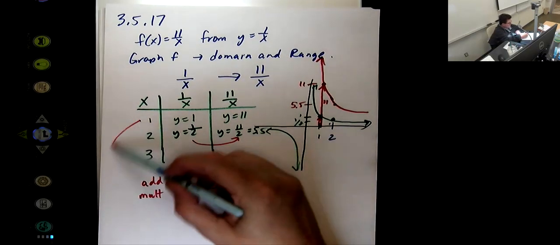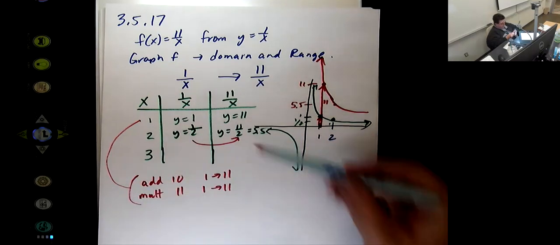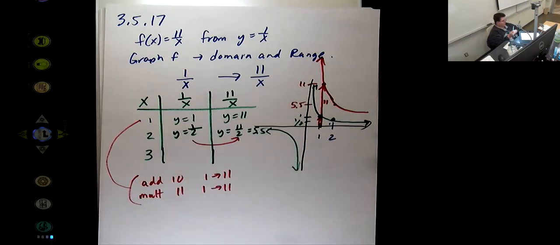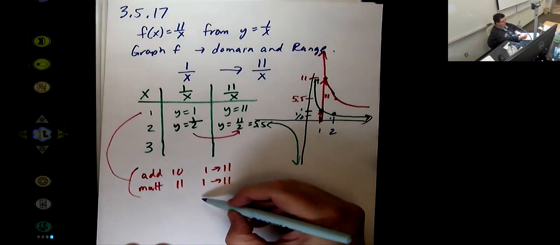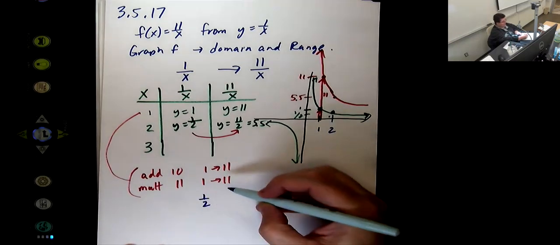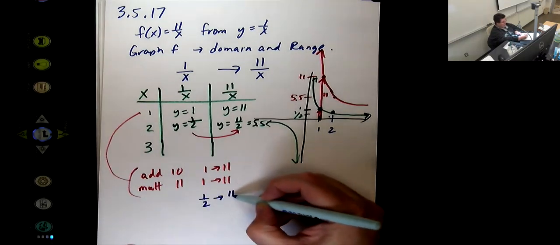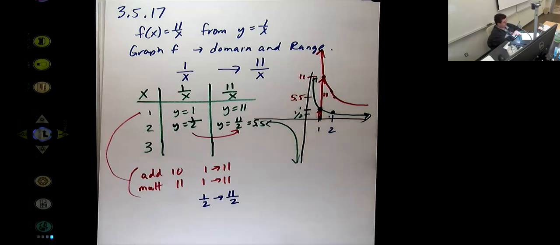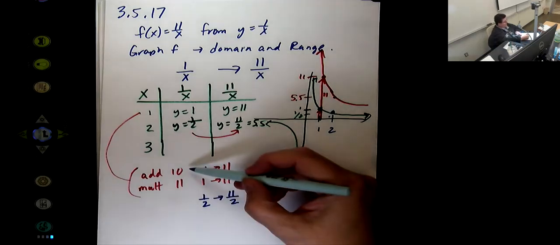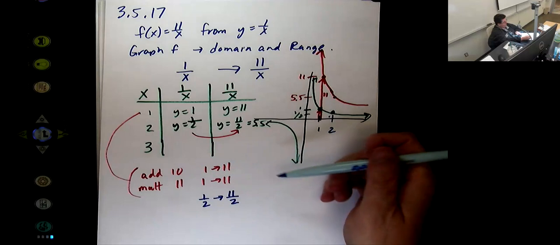Now that's what we did on 1. What would work on 2? I want to go from 1/2 to 11 over 2. It's got to be the same thing as well. Only one of these operations will work. Which one?